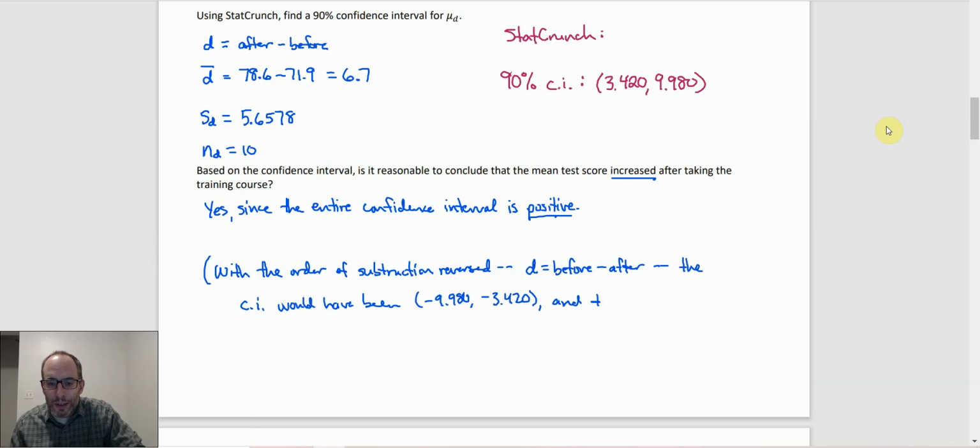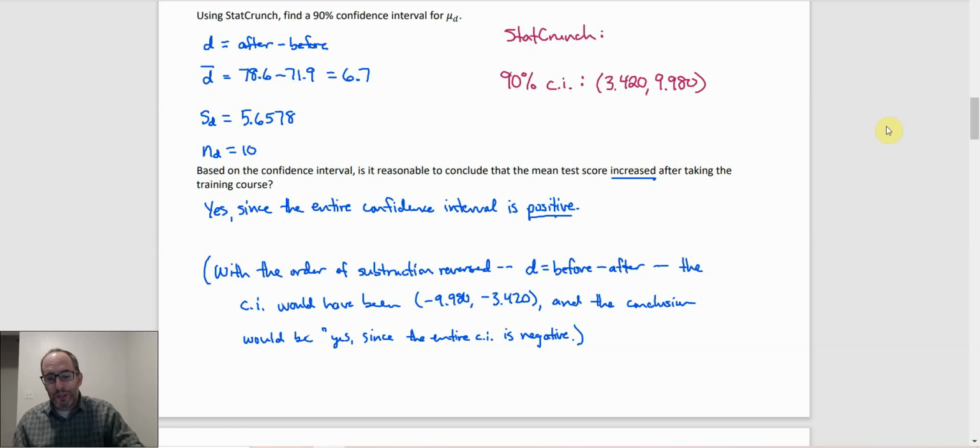And the conclusion would be yes, since the entire confidence interval is negative.